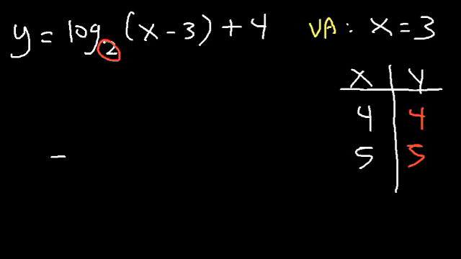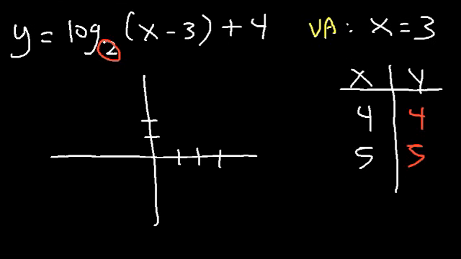So now let's graph it. So we have a vertical asymptote at x equal to 3. And we have the point 4 comma 4, which is over here, and 5 comma 5.